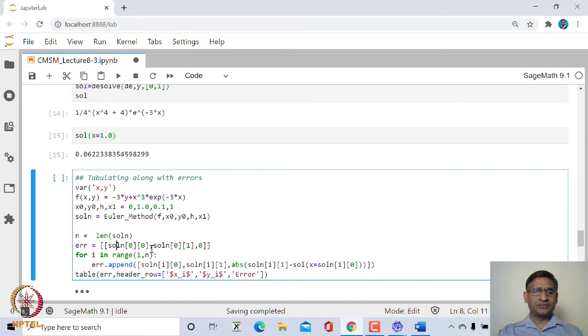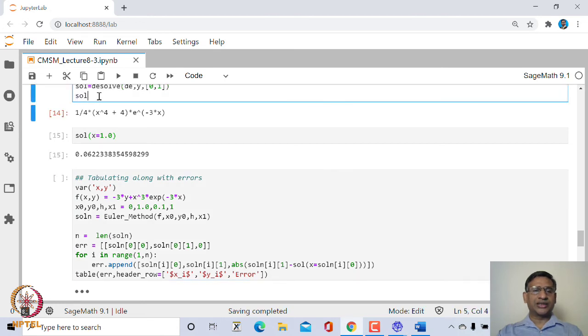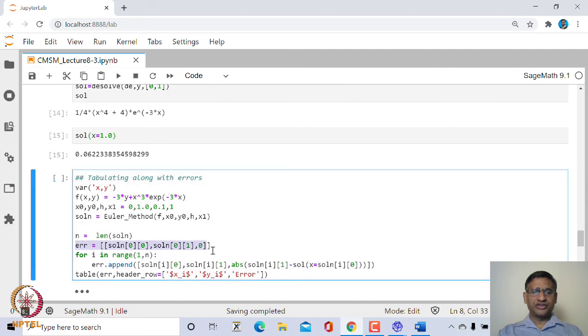Error term is going to be the value of yi minus the explicit value or exact value of y at xi, which is stored in SOL. So SOL at xi. So that is what is done here. The initial error is 0.